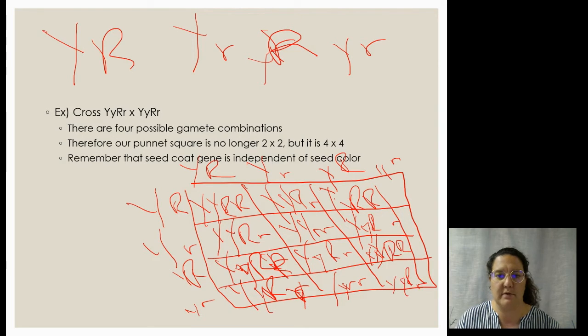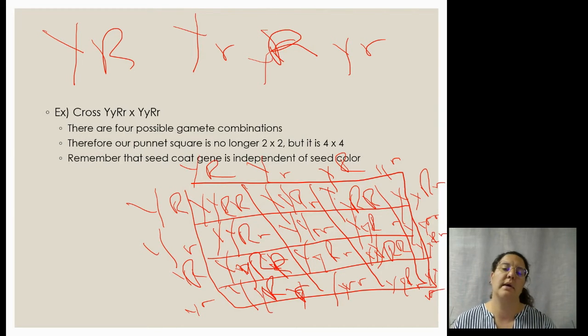Okay, and the last one I'm kind of just going to overlap here. Capital Y, lowercase y, big R, little r, capital Y, lowercase y, little r, lowercase y, big R, little r, and then lowercase y, little r. Okay, fit it all in. So it takes a lot.